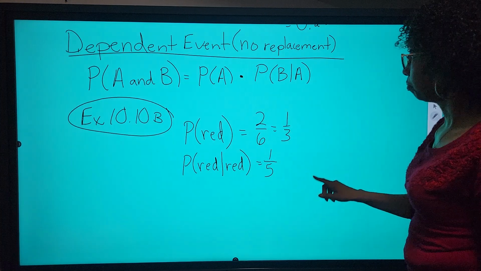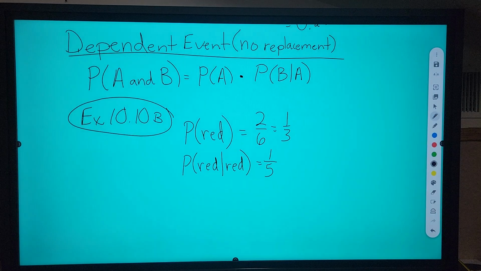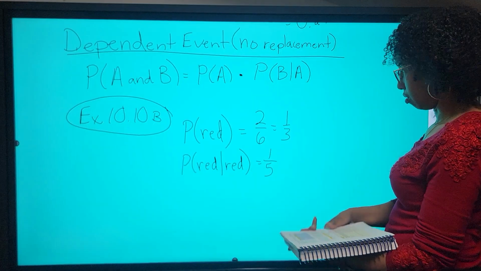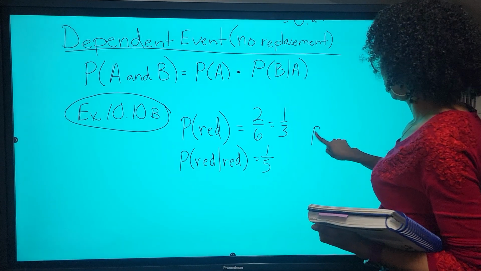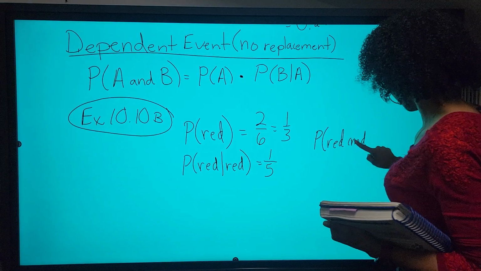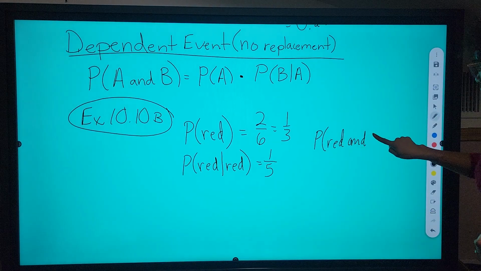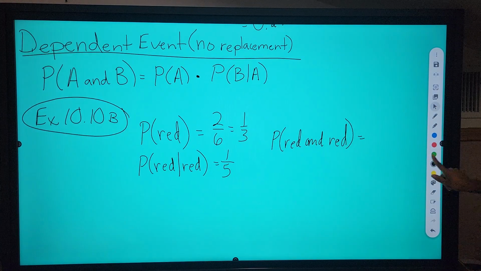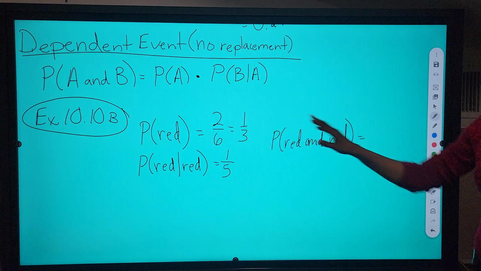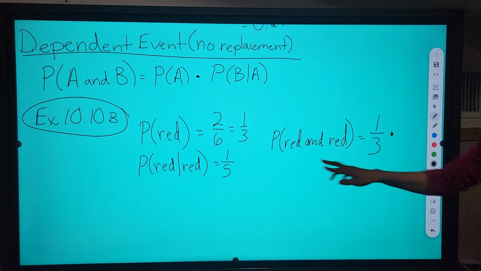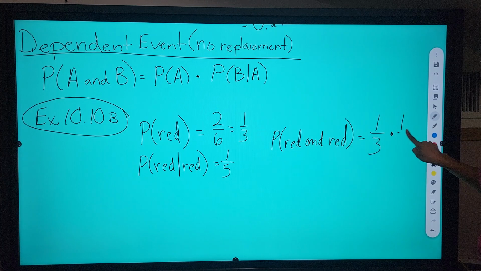So now we'll say the probability of drawing red, given you've already drawn the red, the probability of red and red, that says and. Red and red is going to equal our first, which we reduced to 1/3, times the second, which is 1/5.